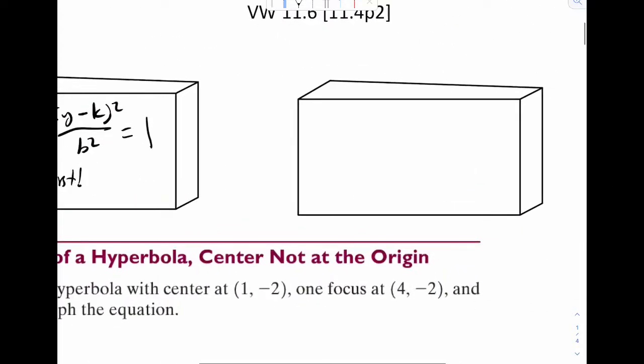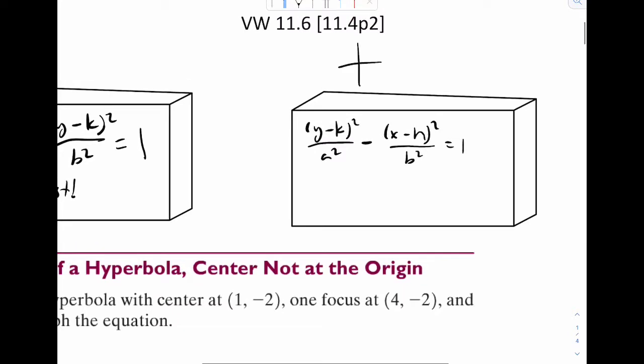And the other version is if it's flipped around. So y minus k squared over a squared minus x minus h squared over b squared. If that equals 1, then our orientation will be vertical, meaning it hits the y-axis.